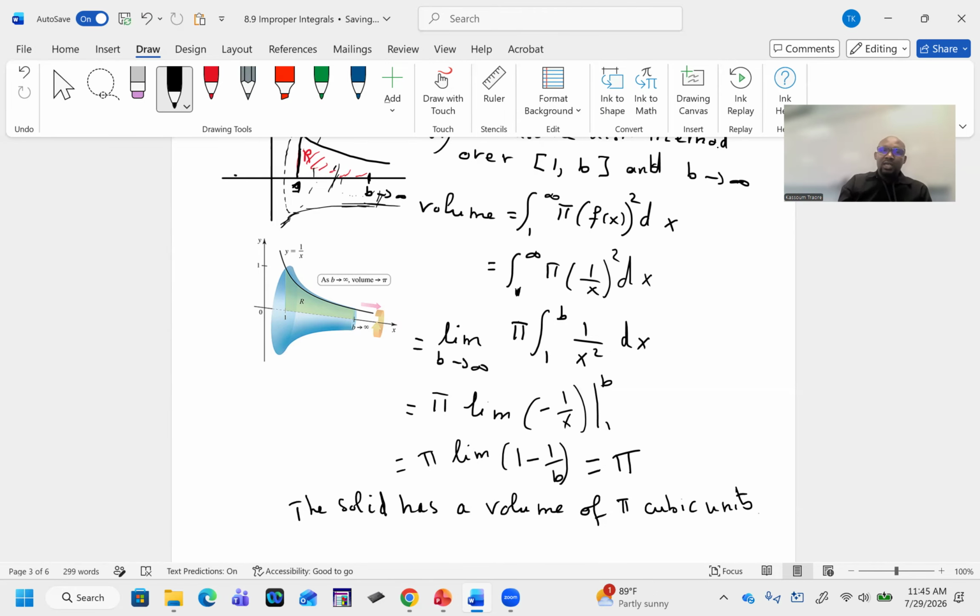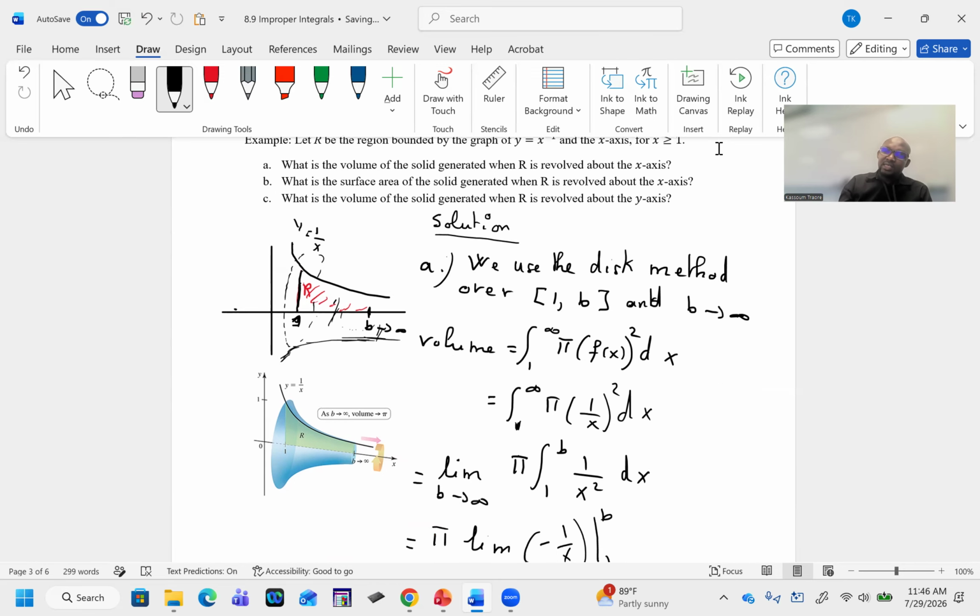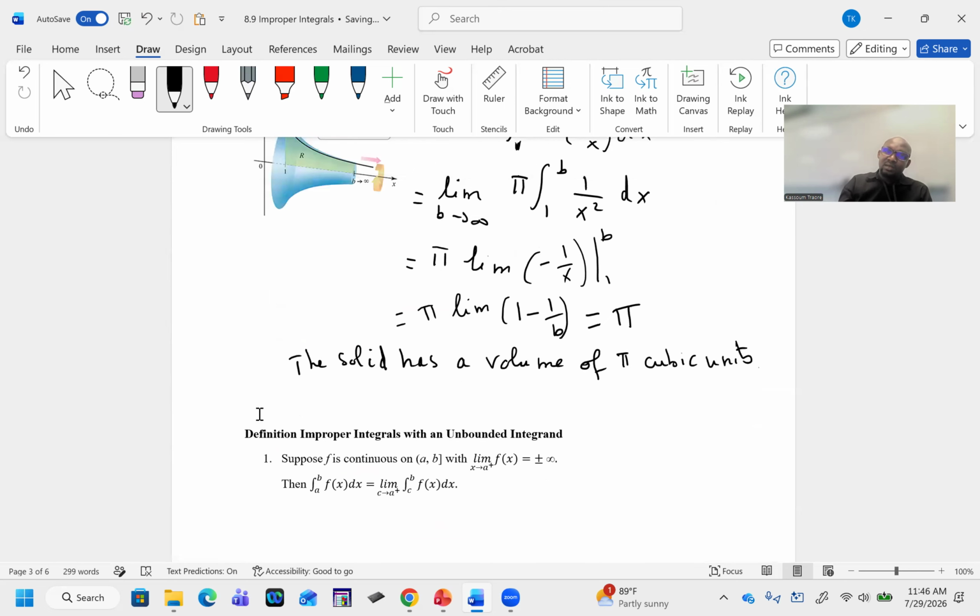Okay. And then b, what is the surface area of the solid generated when R is revolved about the x-axis? So same thing. Let's solve this one.